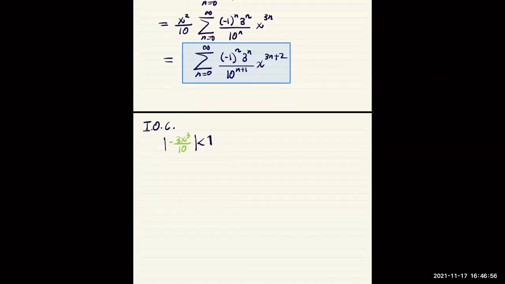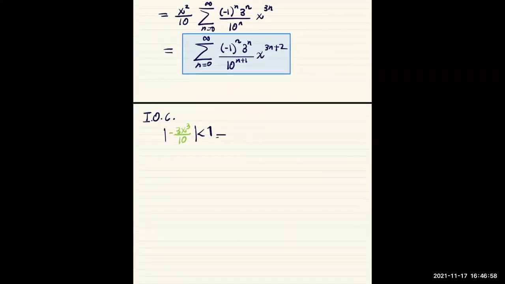So again, bring things out of absolute value if you can. Negative 3 over 10's absolute value is just 3 over 10. And then we get absolute value of x cubed. I have to leave x cubed in the absolute value, because I don't know the sign of x. You want this to be less than 1, multiplied by 10 over 3.